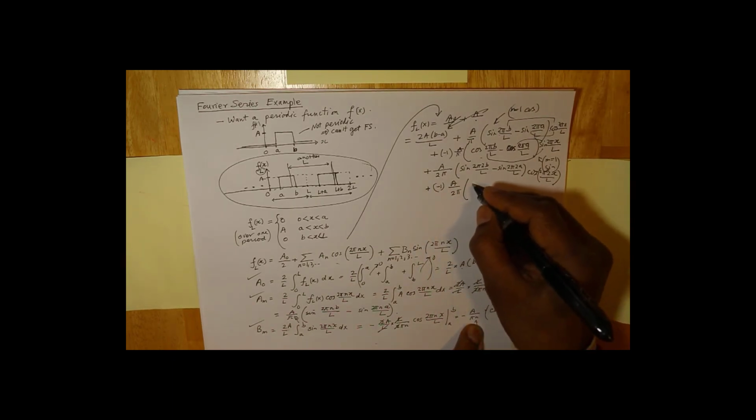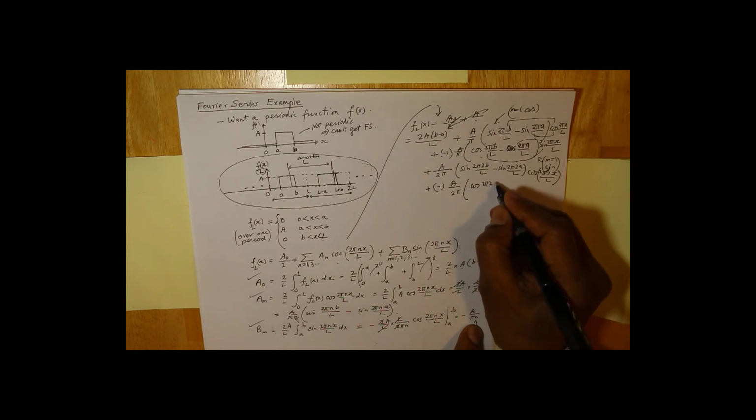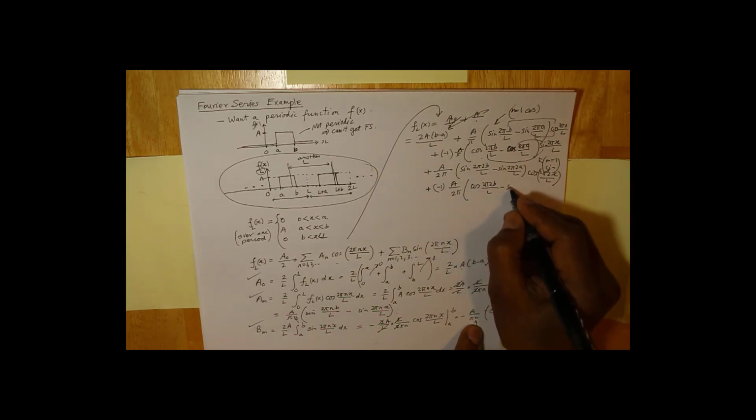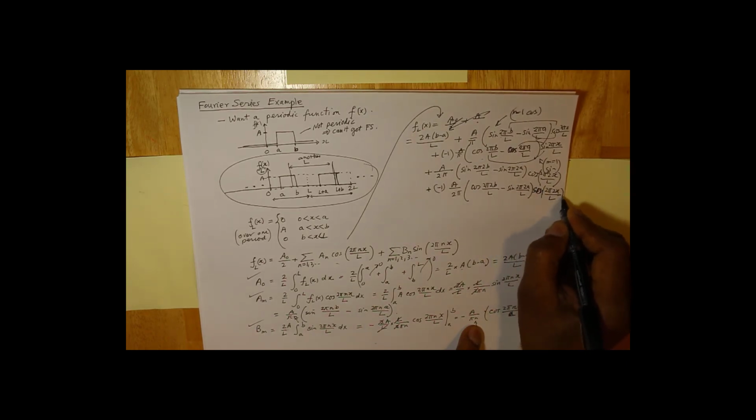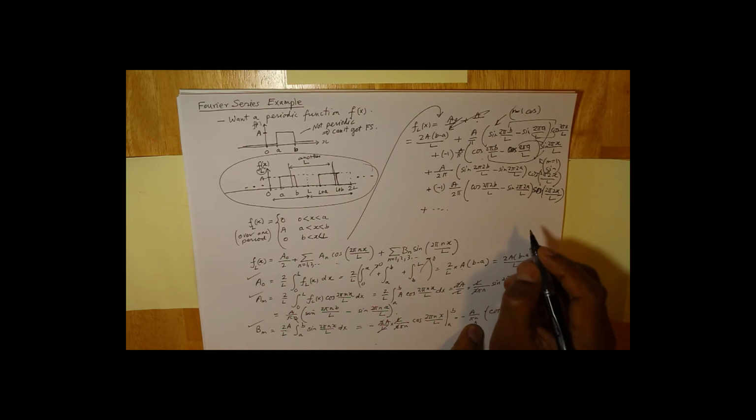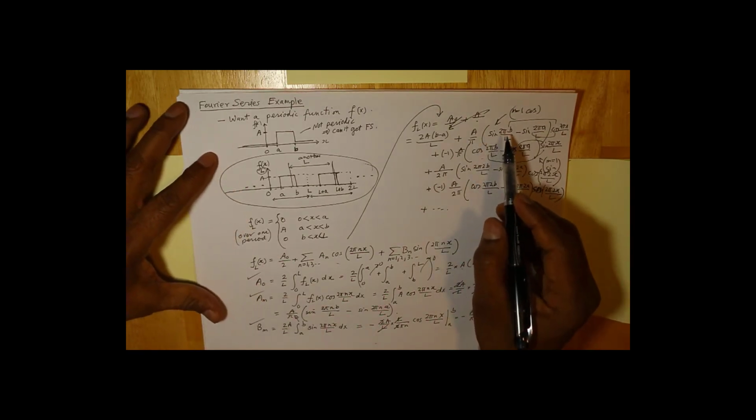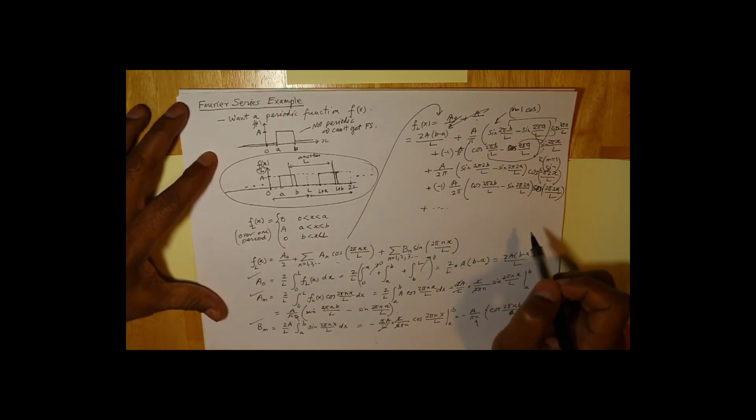And so you have a cosine 2 pi 2b over L minus cosine 2 pi 2a over L. And then sine 2 pi 2x over L, this is sine, not cosine. And so on and so forth. And you can again combine these guys and further simplify.